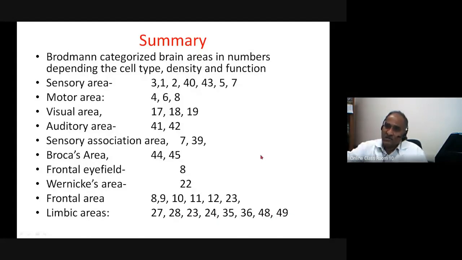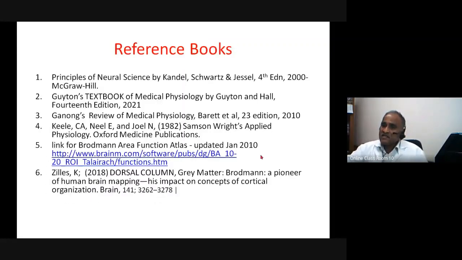I have summarized the most frequently associated areas, which we will be dealing with in the discussions of the nervous system. This I could provide you in a nutshell, keeping the books in consideration, because most of the books do not have the tables I have made.